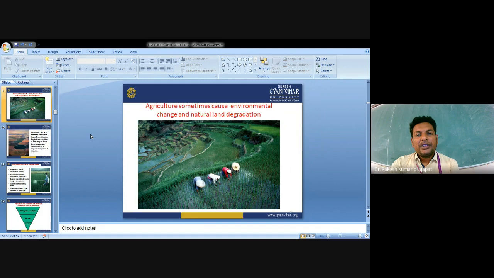Agriculture sometimes causes environmental changes and natural land degradation, and all different damages to the environment.